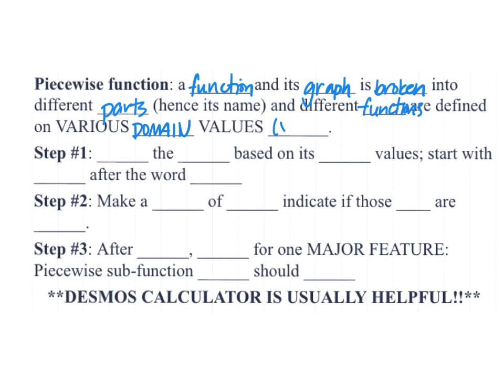And these are the x values. Now, the different functions are what we call sub-functions. And the different domain values are what we call subdomains.